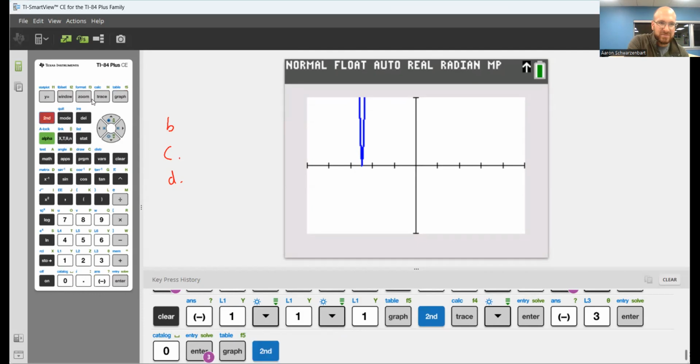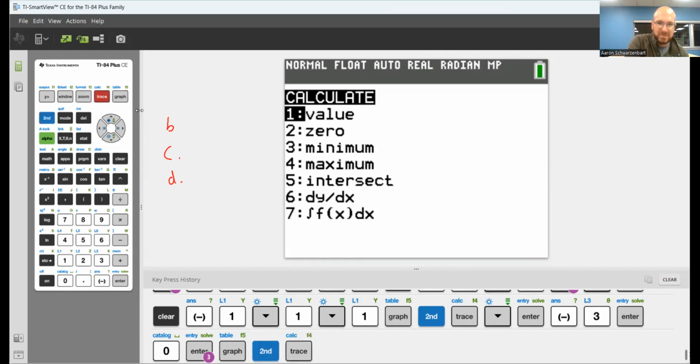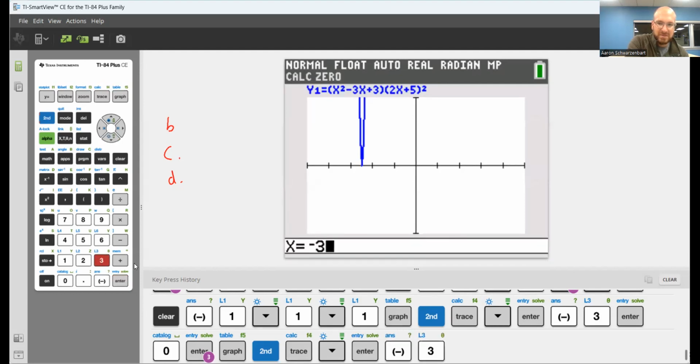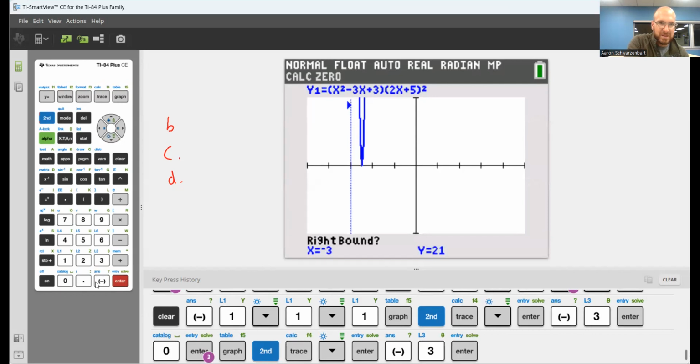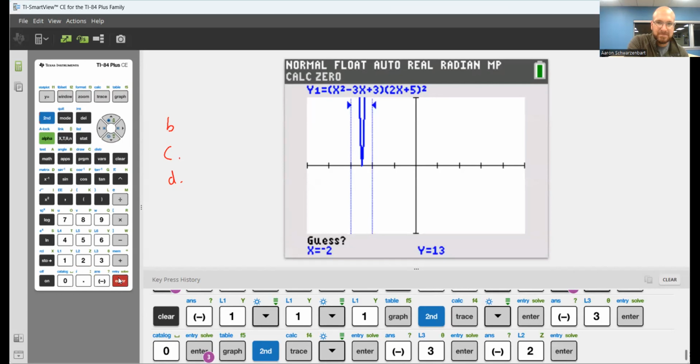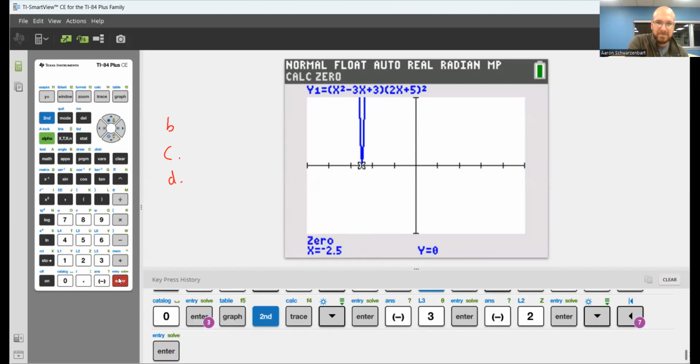Let's try it again. Looking for a 0. Left bound is -3. Right bound is, let's say, -2. And it's -2.5. Well, that was kind of a nice one.